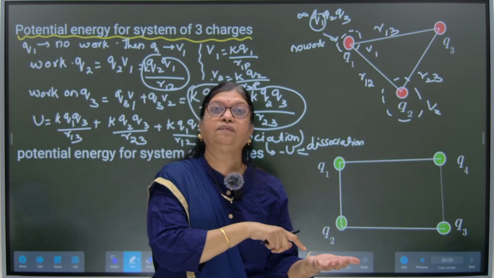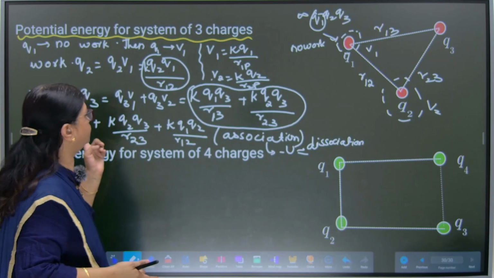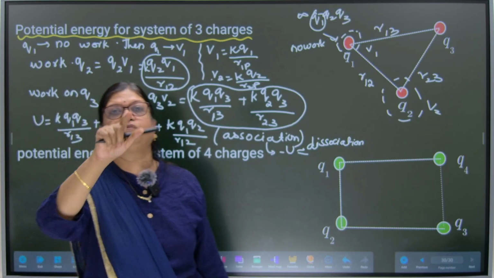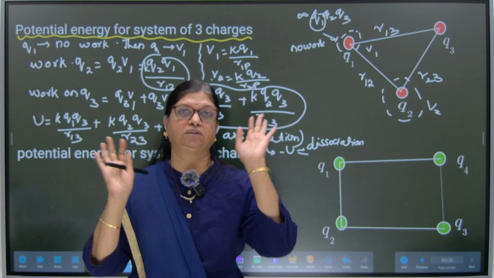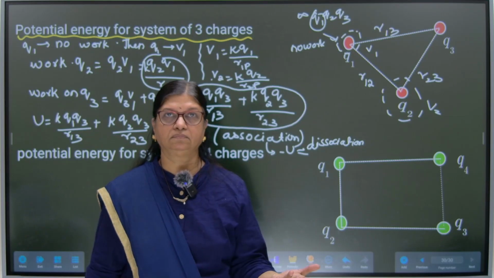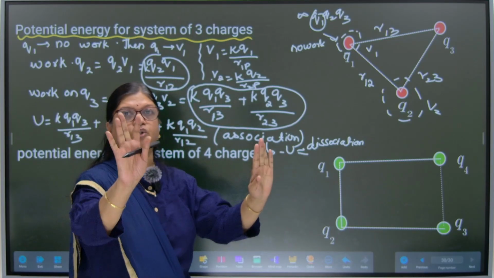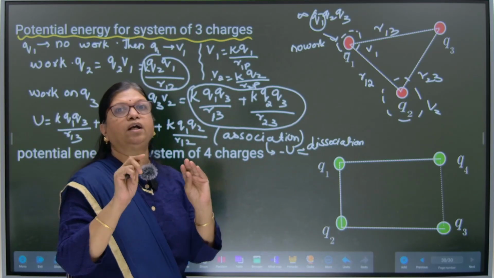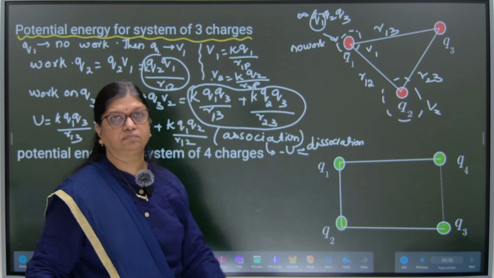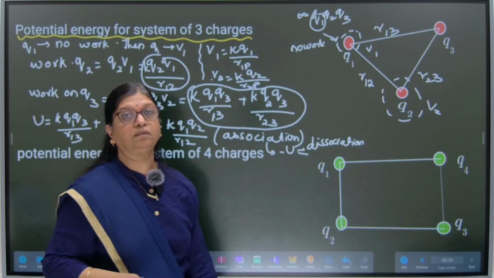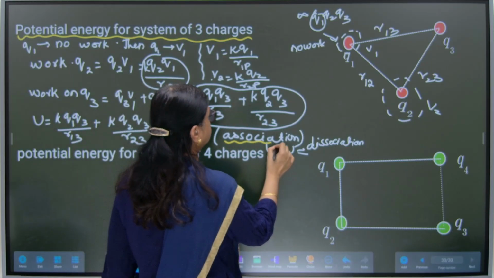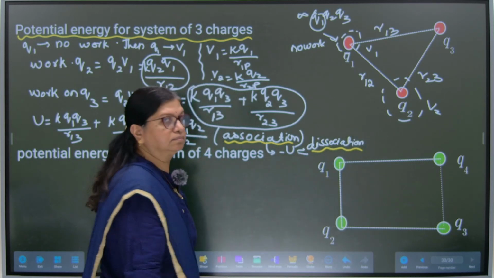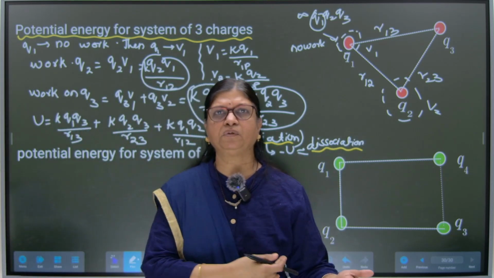If I get a negative answer for association, then I have to put a positive symbol for dissociation. Simple. For association it is U, for dissociation it is negative U. Remember these two words, association and dissociation. All questions are from here only.